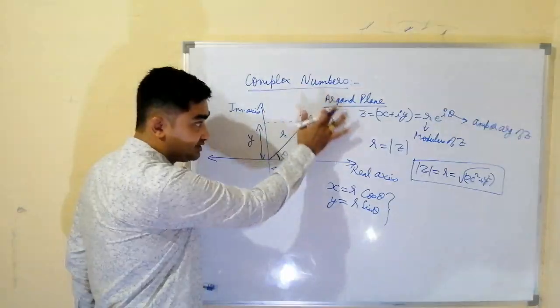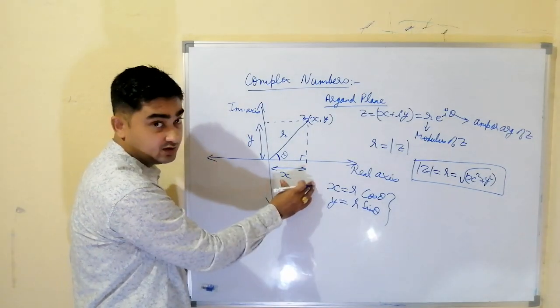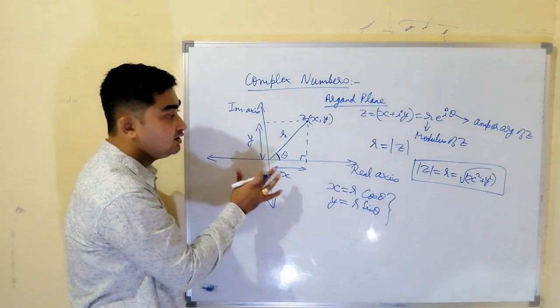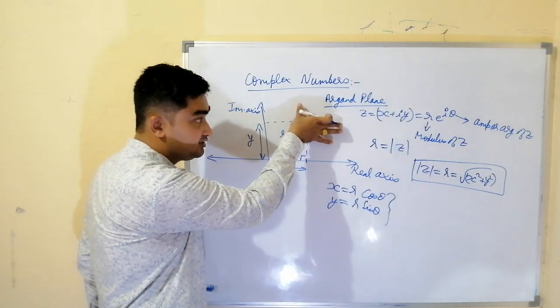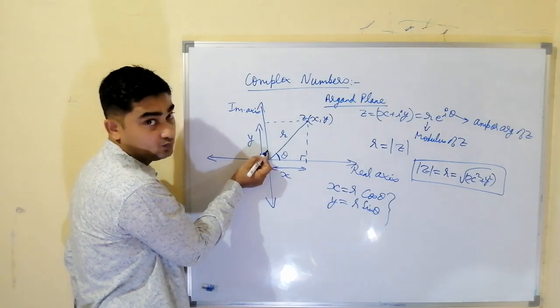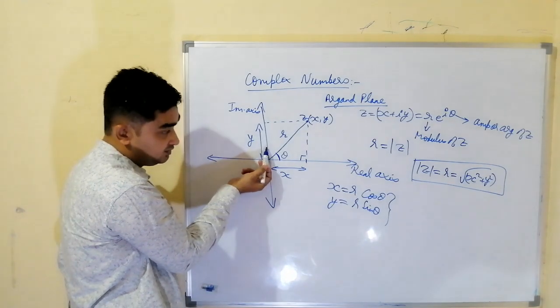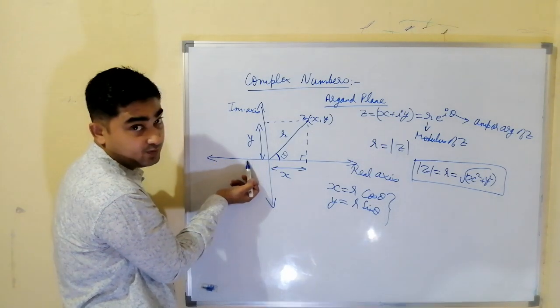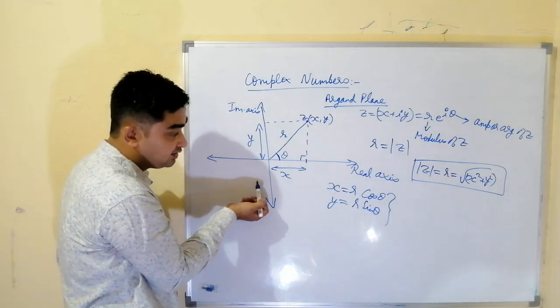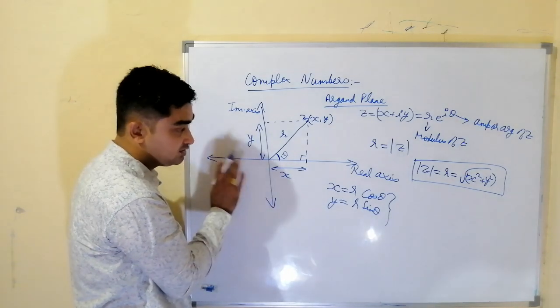Let us say this is the first quadrant, second quadrant, third quadrant, fourth quadrant, similar to the coordinate system. If point z is in the first quadrant, then theta will vary from 0 to pi by 2. When it is in the second quadrant, it will be between pi by 2 to pi. When it is in the third quadrant, it should be from pi by 2 to 3 pi by 2, but it is not like that.